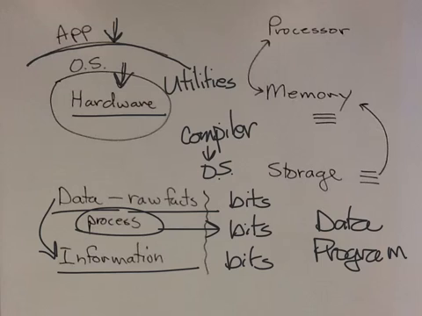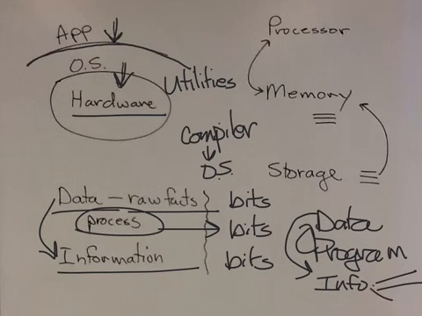And in a lot of cases, a program file will access the data and produce something of value, information. And information could be music, a video, a paycheck, a debit to an account or whatever. There's a zillion things the information can be.